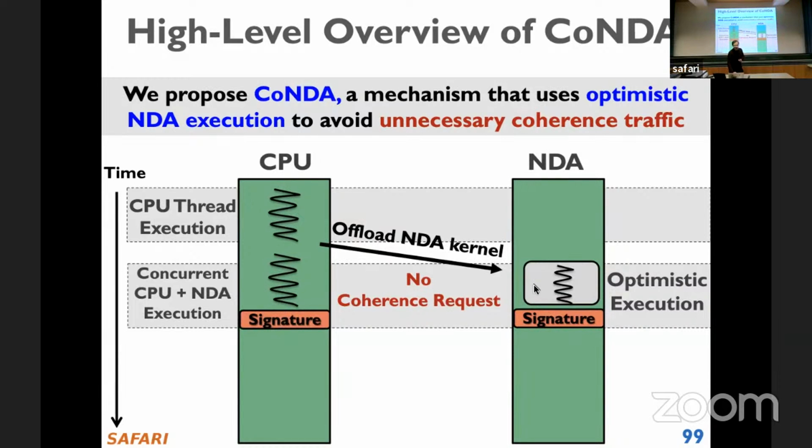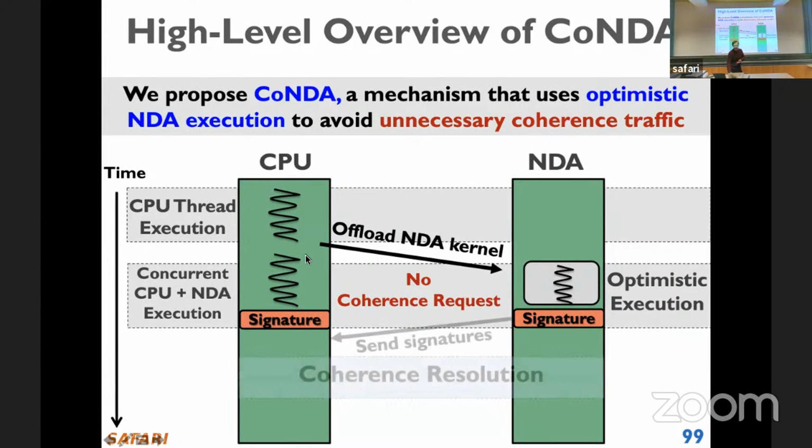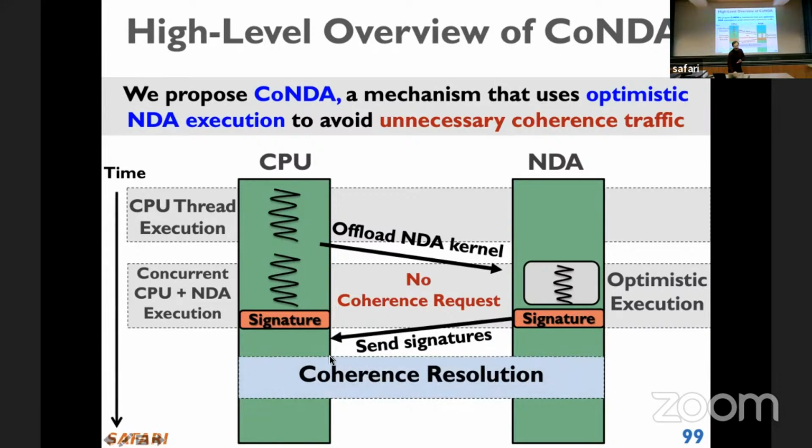You need to keep track of the things that you have touched in a signature of blocks that you've read and written to in the optimistic execution in the near data processing engine, as well as in the CPU. Then at the end, you send the address signature of the blocks that you've touched, and that signature gets compared to the signature of the blocks that this CPU thread touched. If there's any data conflict based on the comparison of those signatures, you either commit or re-execute. That's the idea.